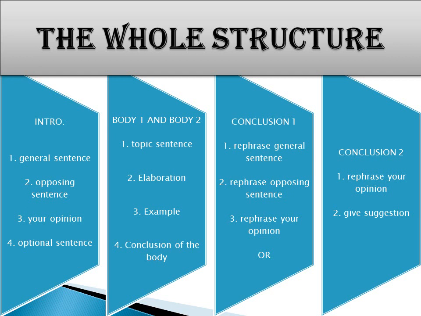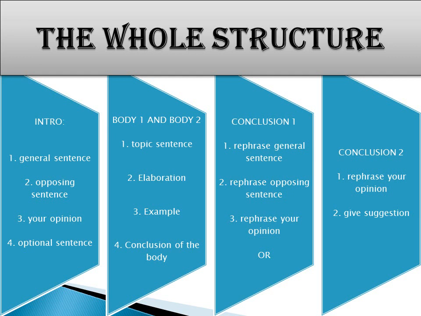The opposite of that opinion is that it should be done, right? That's where we're going to go now. The second sentence is the opposing sentence, where we will say the opposite of what we believe in. So the second sentence is going to say many people believe that blood sports is a good activity.